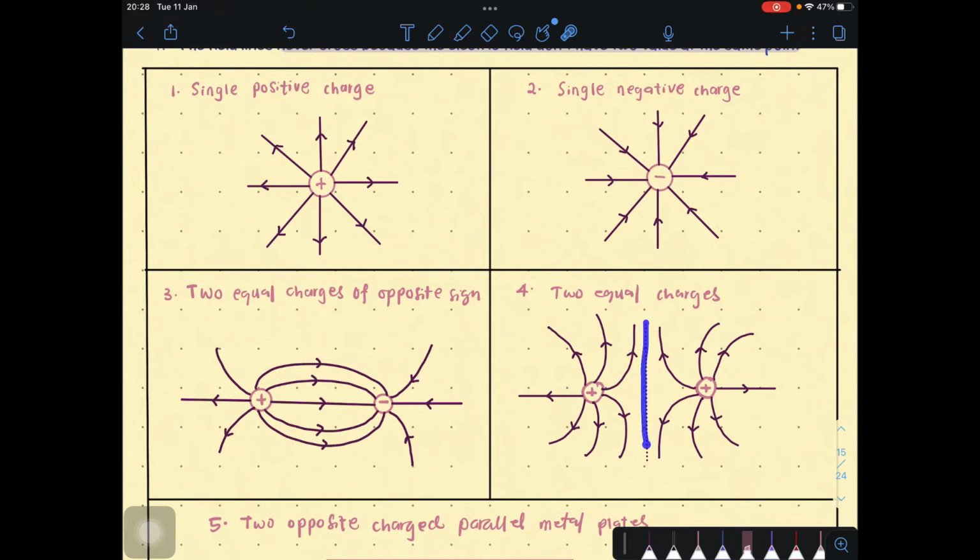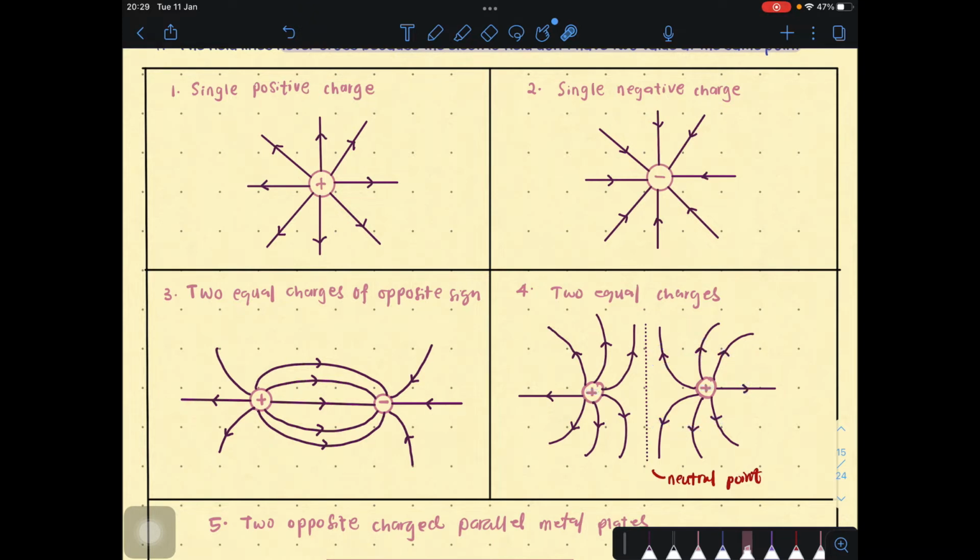So the line here is what we call the neutral point. So this is the neutral point. It is the same for negative. So if we have negative and negative, the pattern is still the same, only the direction is different. So the direction here, if it is negative, you have to change it. It will go in towards the negative.